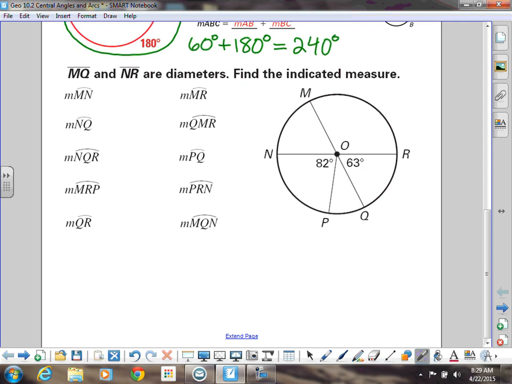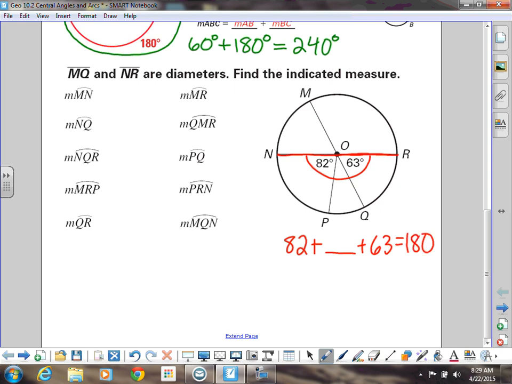So what I like to do is figure out what all of these angle measures are before I get started. If I know that NR is a diameter, then all of these add up to 180. So 82 plus that middle one, which we don't know, plus 63 equals 180.